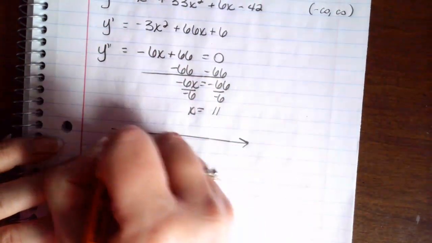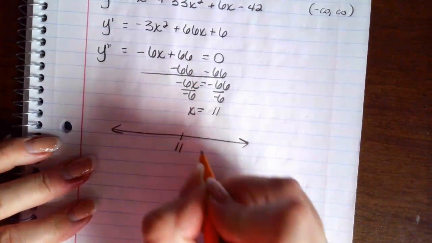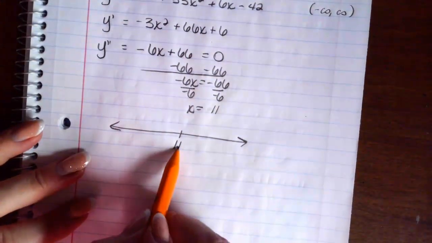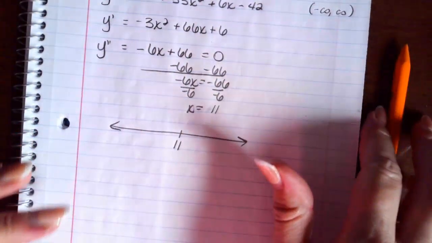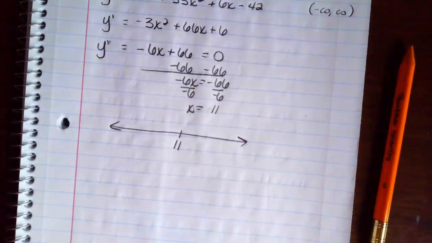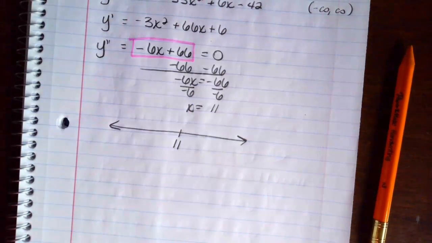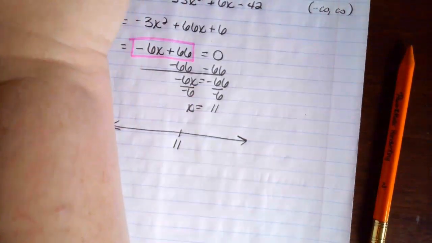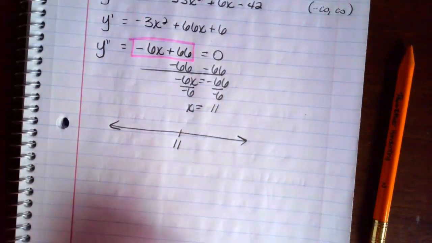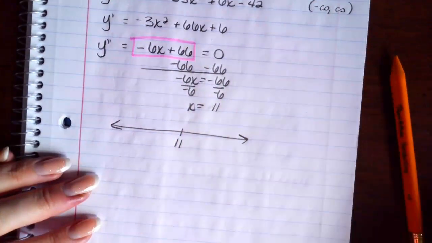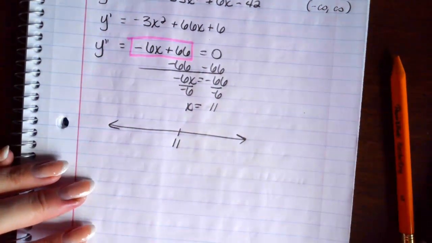I'm going to make a number line with a point at 11. So I need a number to the left of 11 that I'm going to put inside of my second derivative this time. So what's the number to the left of 11? Let's try 10.